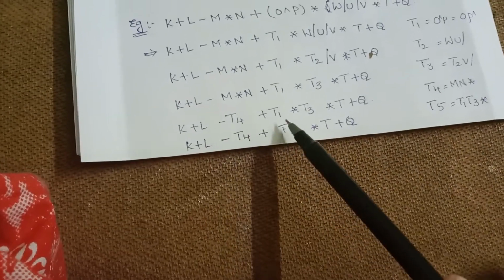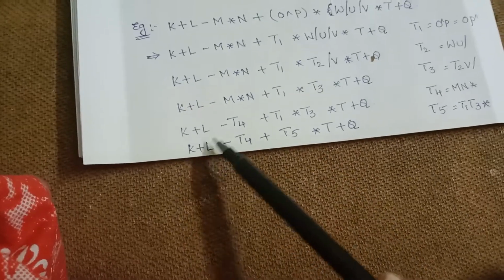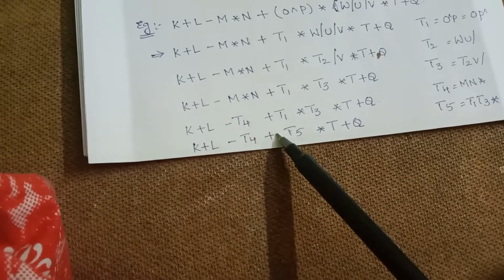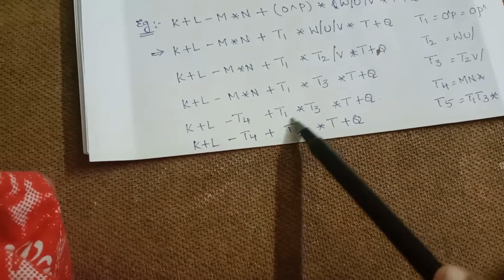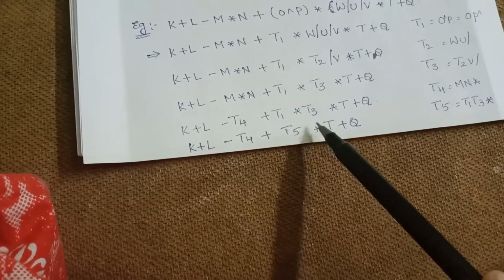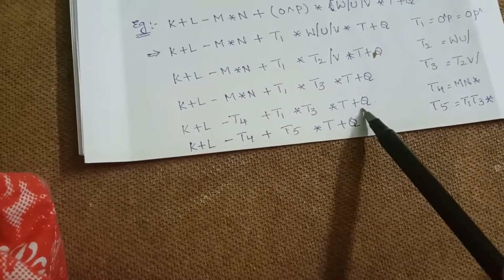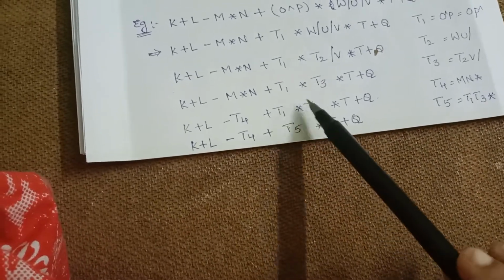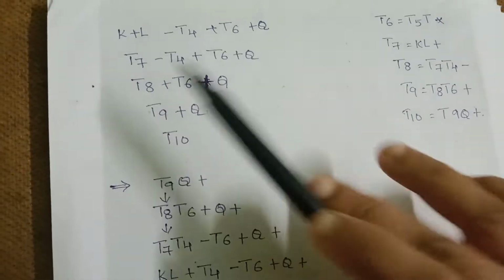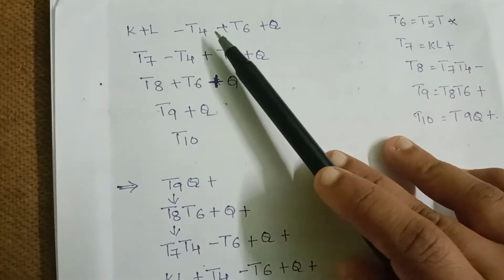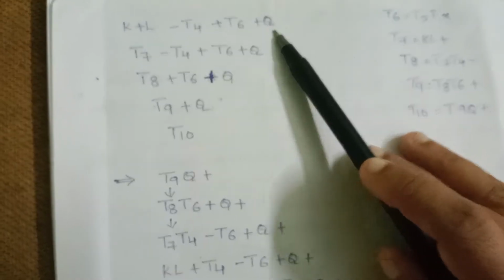And the next precedence is for star, that is k plus l minus t4 plus this, in place of t1 star t3, we are replacing it with a temporary value t5 star t plus q. So t5 is t1 t3 star, that we need to write here. And next, k plus l minus t4 plus t6 plus q.